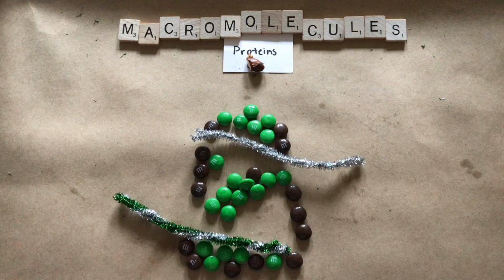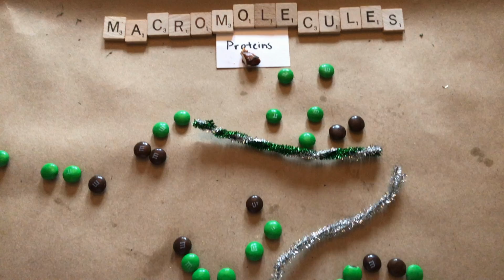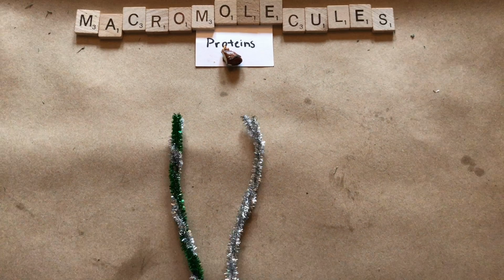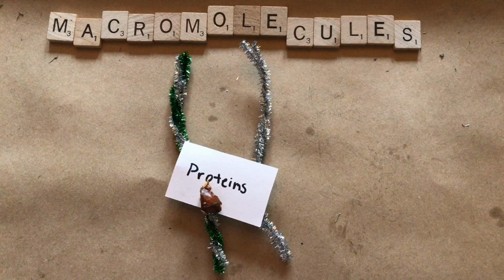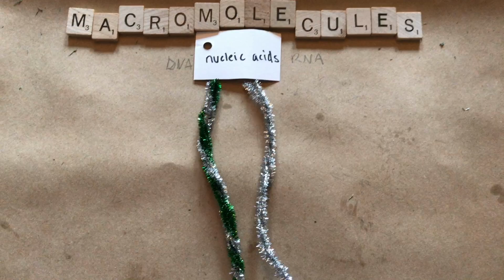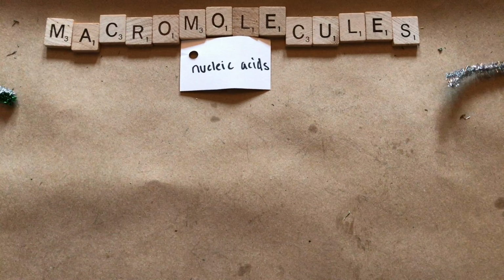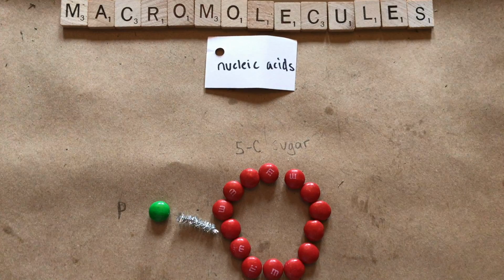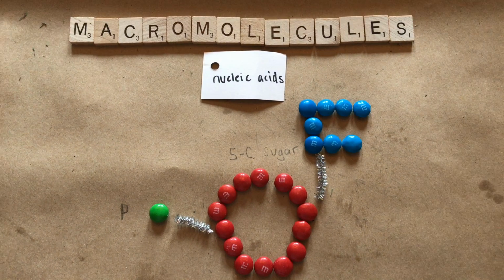The last macromolecule we're going to be discussing today is nucleic acids. The most famous nucleic acids are DNA and RNA. DNA is made of monomers called nucleotides, with a sugar phosphate backbone and base pairs. The sugar is called deoxyribose and has 5 carbons and a deoxygenated ribose sugar.